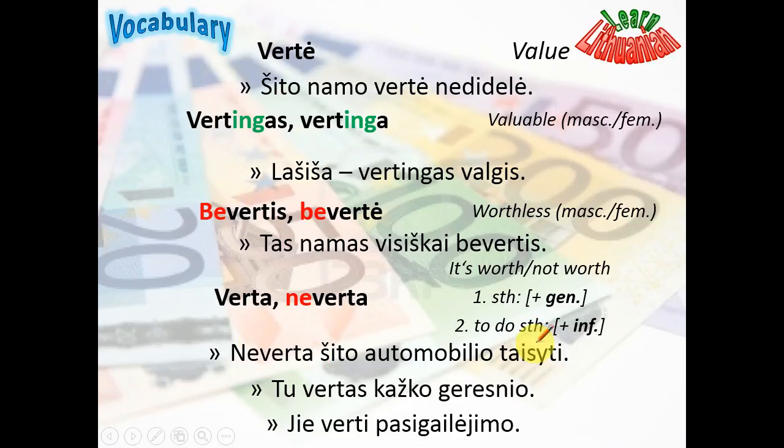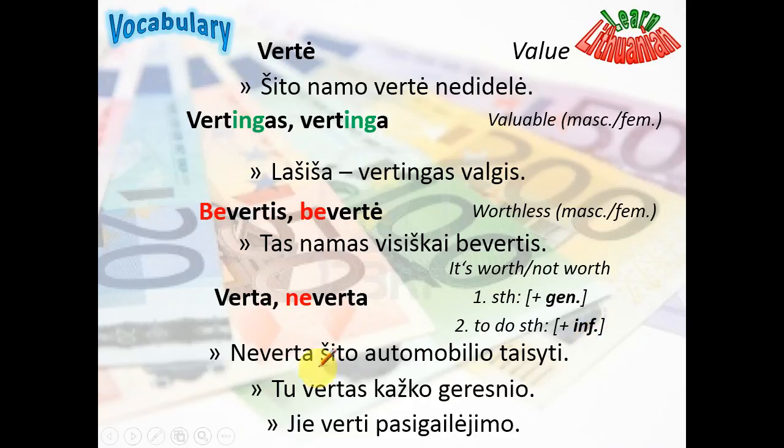Taisyti goes to the back of the sentence. Somehow it's a more emphasized sentence. You emphasize the words this car, so you put them before the infinitive. The sentence goes like, it's not worth this car to fix, because you emphasize the words this car.